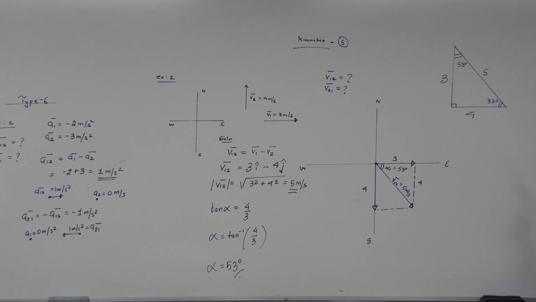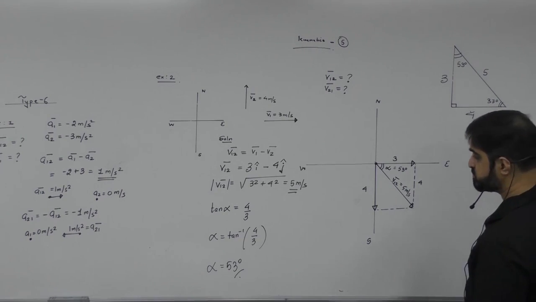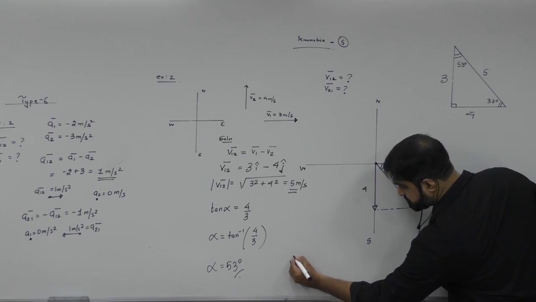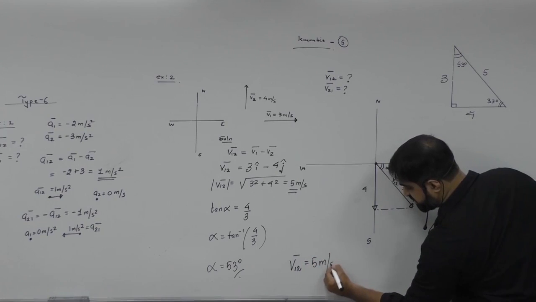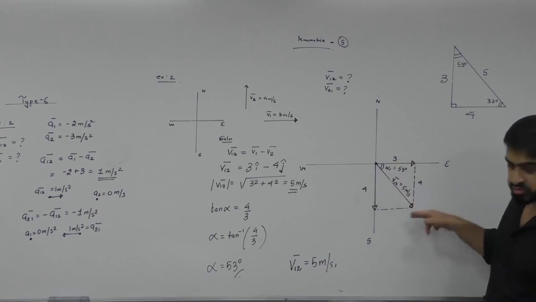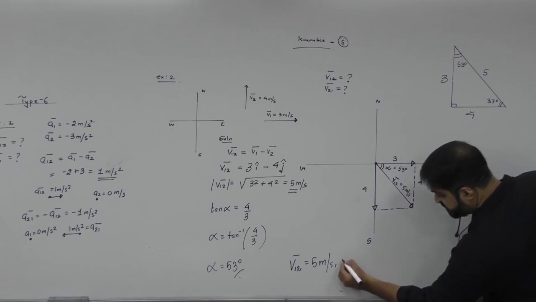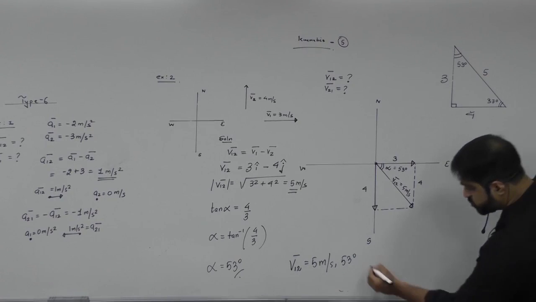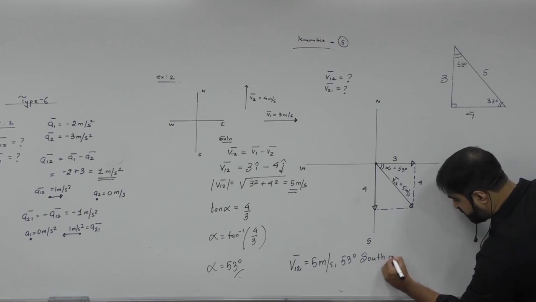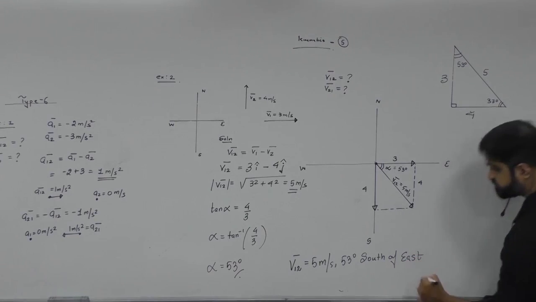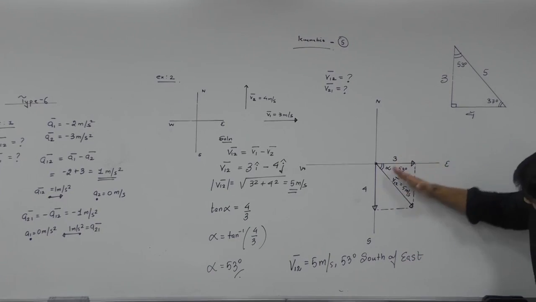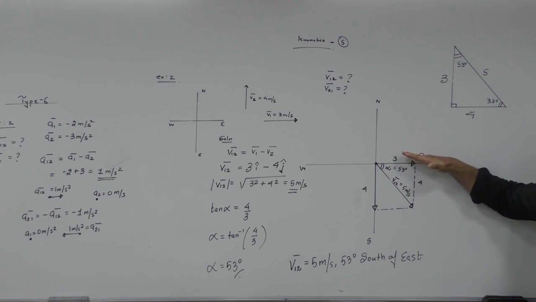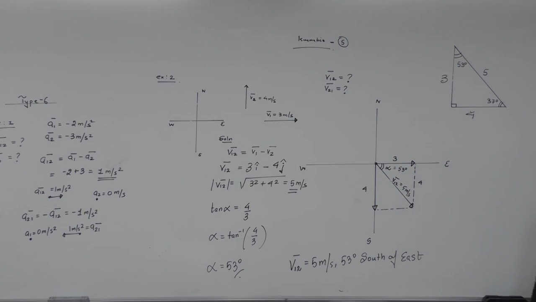Now it is the time to write the answer. Can I say V12 bar is 5 meter per second magnitude, 53 degrees south of east? 53 degree south of east means you are standing in the east, and if you go 53 degrees towards south, the answer will come.